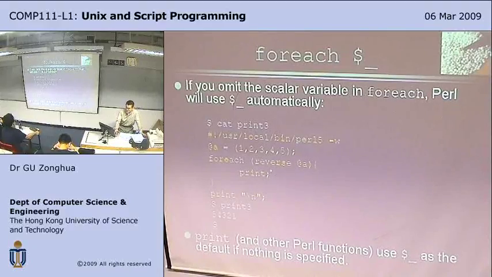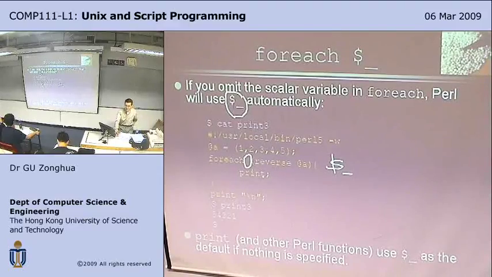So if you omit the scalar variable, so in foreach you omit the $i in here, and simply say print, this guy $_ is this implicit variable in Perl that's used whenever you don't specify the variable name. If you do this, essentially it assigns each element of @a to the variable $_ and then uses it as the argument of print in the body.